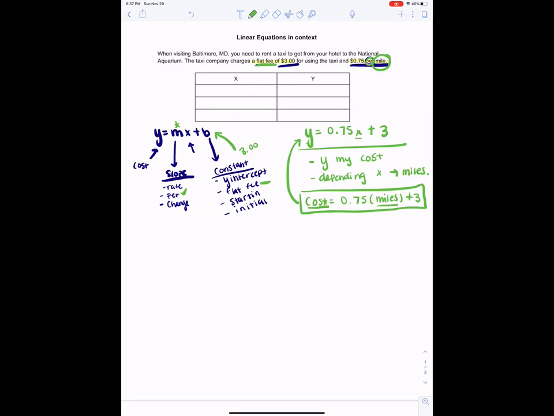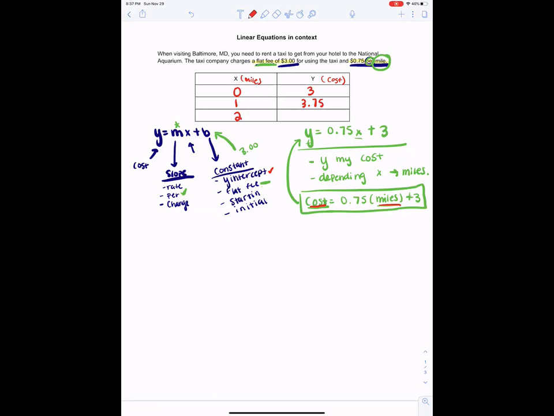So then we could use this to find out, okay, at 0, that's my y-intercept, I'm going to pay $3 regardless. At 1 mile, because remember, this is also now miles, and this is cost, I'm going to pay 0.75 times 1 is 75 cents plus 3, $3.75.